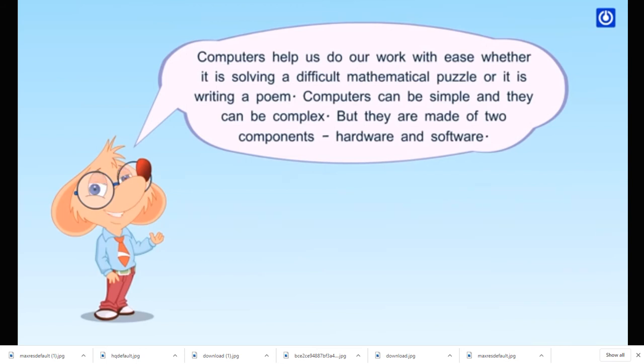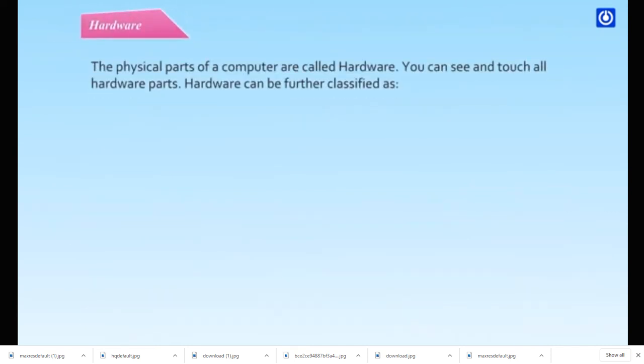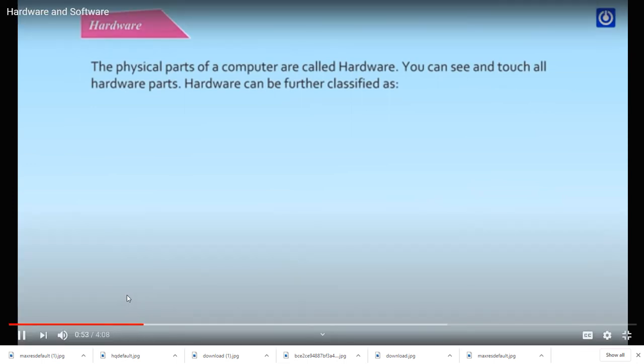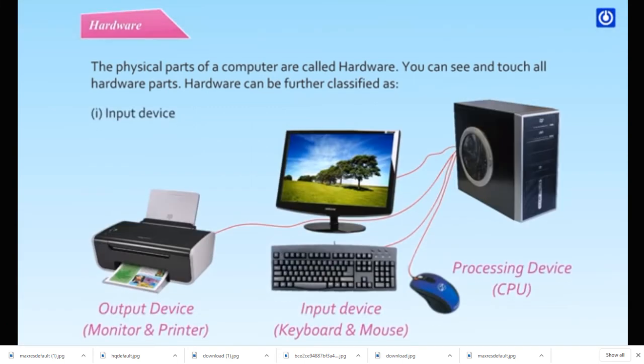Computers can be simple and they can be complex, but they are made of two components, hardware and software. Hardware. The physical parts of a computer are called hardware. You can see and touch all hardware parts. Hardware can be further classified as input device, processing device, and output device.